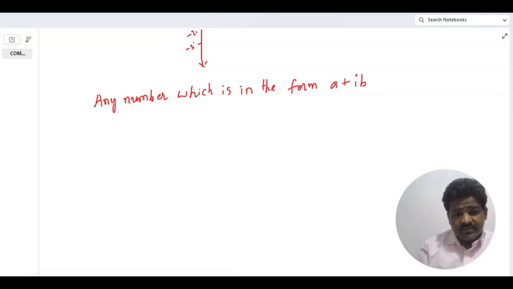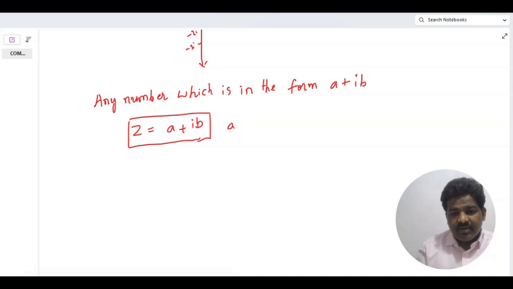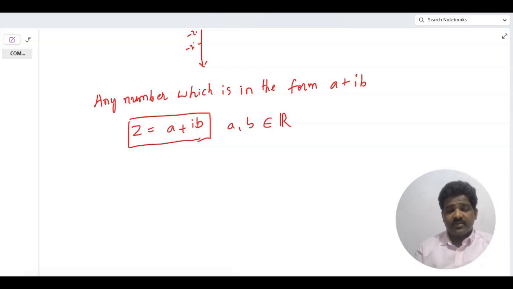A complex number is denoted by z, that means z equals a plus ib. Now, what are a and b? a comma b are real numbers, right? So this is the main definition of a complex number.